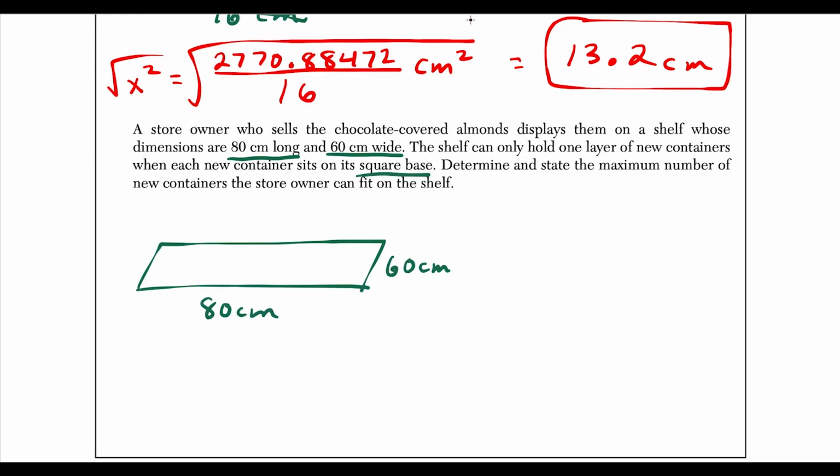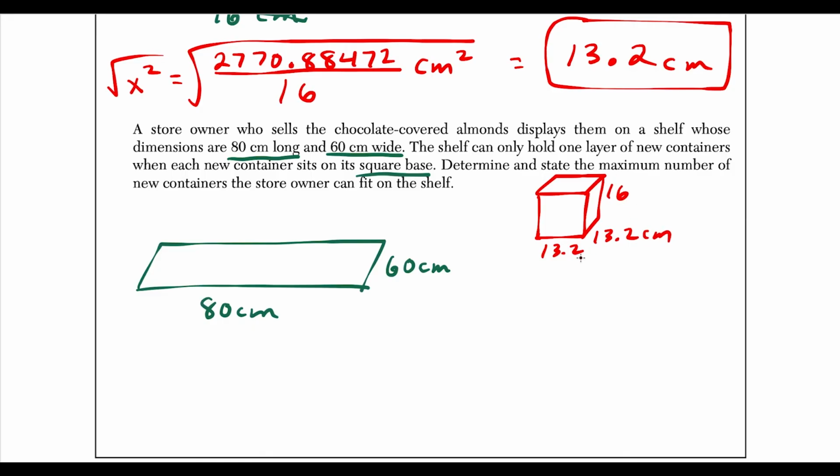And we need to determine and state the maximum number of new containers the store owner could fit on the shelf. Well, one thing we have to be mindful of is that all of these containers, if we draw them out, so now we found the base is 13.2 by 13.2, and the height was 16 centimeters.